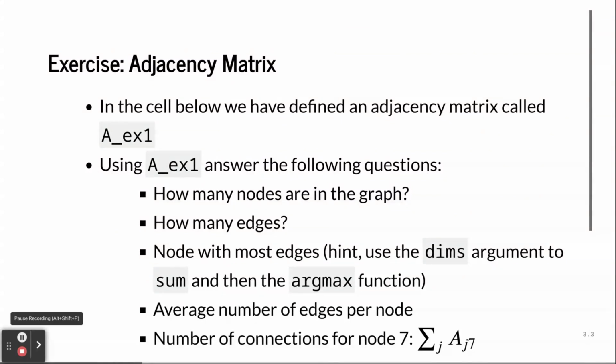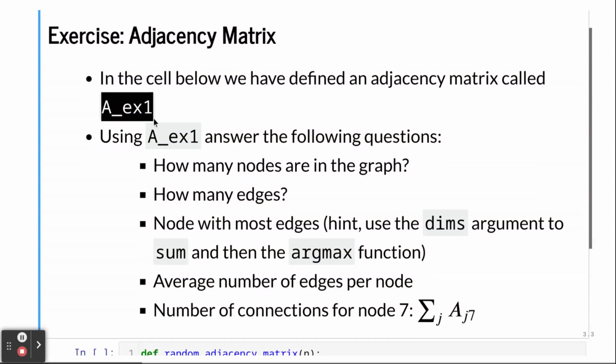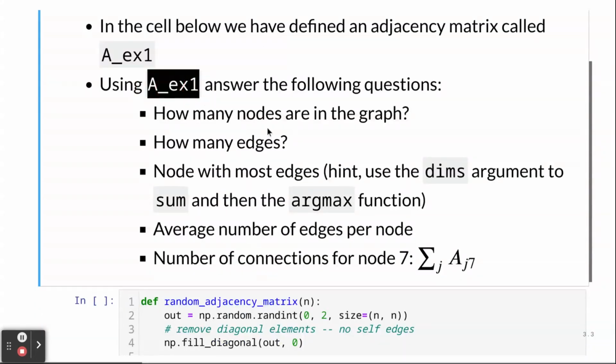Let's practice this a little bit. In the code cell below, we have defined for you an adjacency matrix called A_EX1, representing exercise 1. Using this matrix, we would ask you to compute the following numbers.